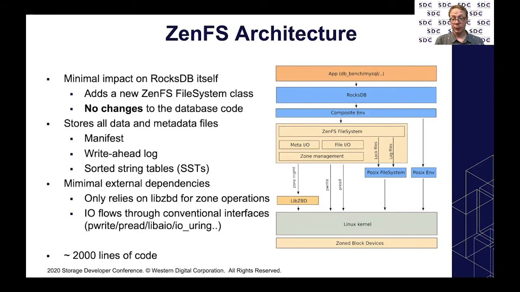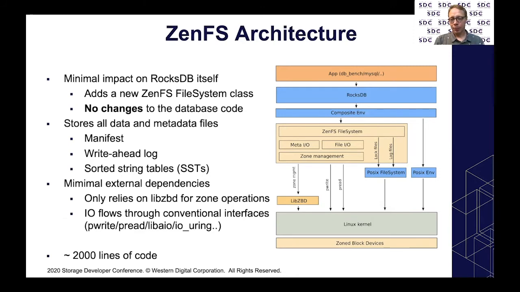That could be lifted into ZenFS itself, but when we have support in a library that does exactly what we need, we might as well reuse that and not duplicate the code. So zone management operations are done using libzbd, and data flows as normal pread, pwrite commands or calls to the kernel.